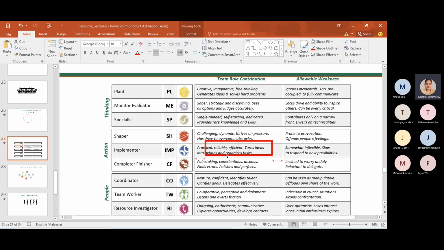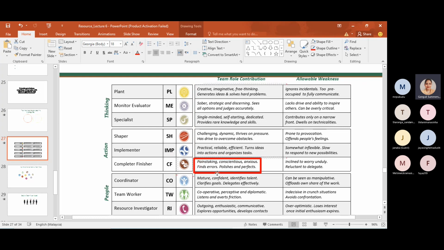Implementer, the next role. An implementer is a practical and reliable person who turns ideas into actions. The weakness is that these people can sometimes be a bit inflexible. And completer finisher. A completer finisher is a person who tends to do things as perfectly as possible, a perfectionist kind of person.